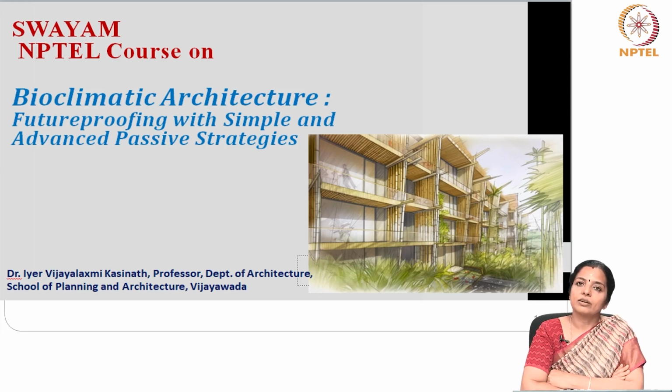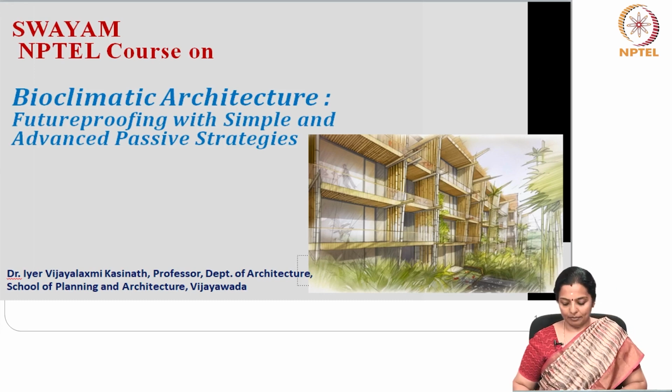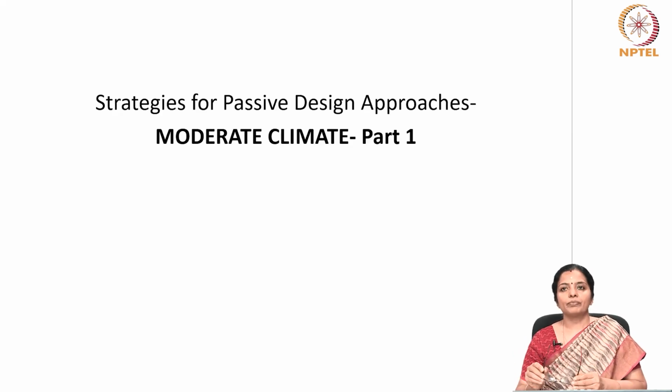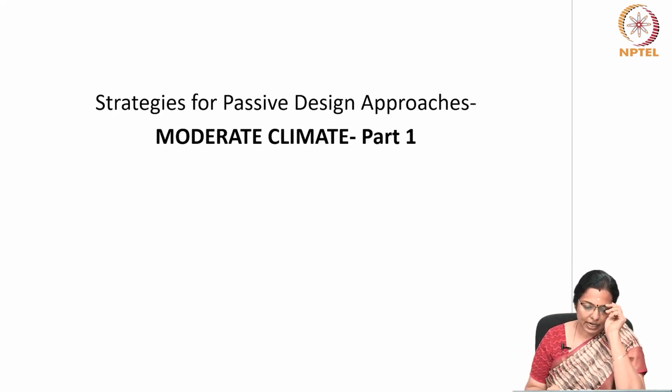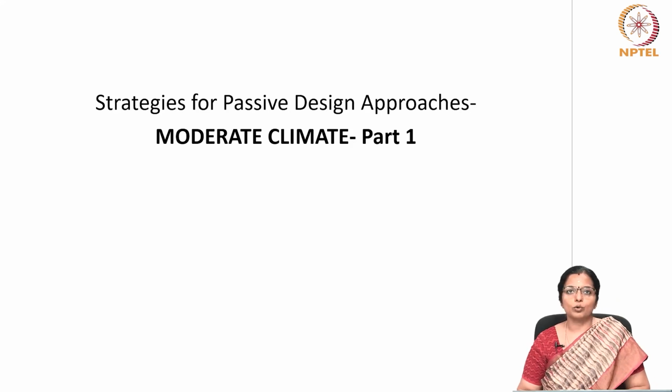From today onwards, we will look at the strategies for passive design for various climate types as well as case studies where these strategies have been implemented, so that we understand in a holistic manner the application of these strategies with respect to the building. As the first case, today we will take the moderate climate. So, today we will study the strategies for passive design approaches with the moderate climate.